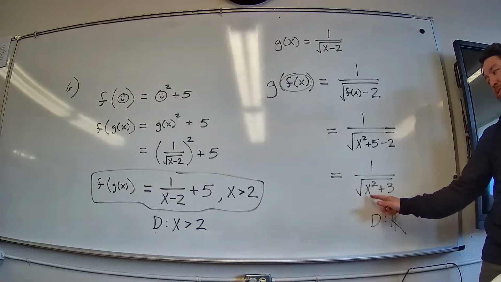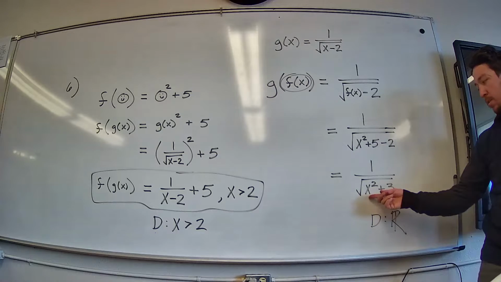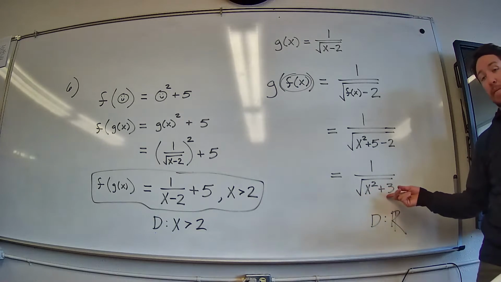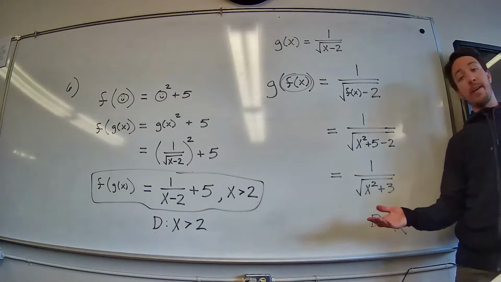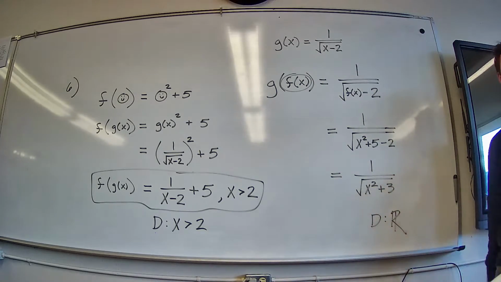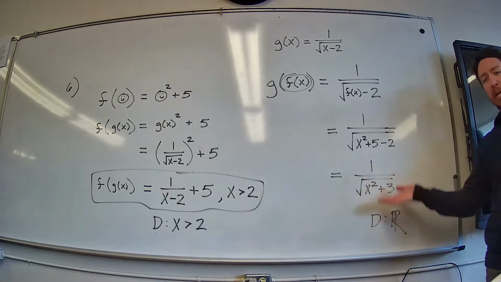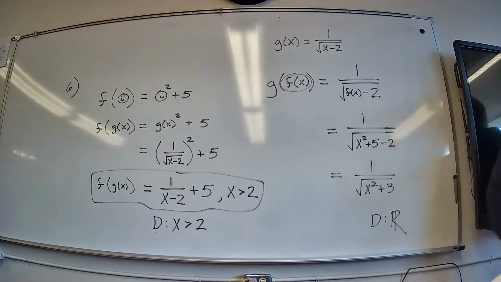No, because that x squared is always going to be 0 or greater. So the least number that this can produce is 3, which means it also can't go negative. So you never have to worry. There's no x value that can make this a negative under the square root or a 0 on the bottom of the fraction. So therefore, the domain is anything you like, any number.